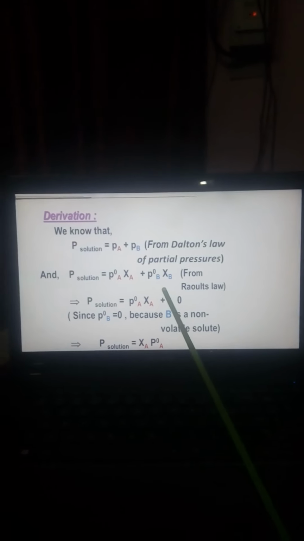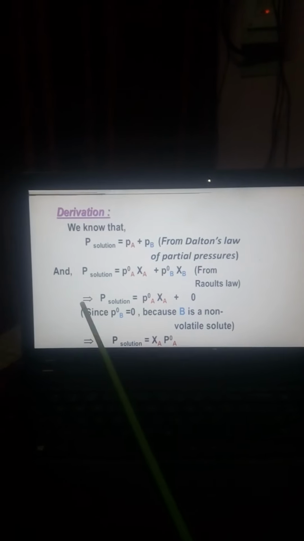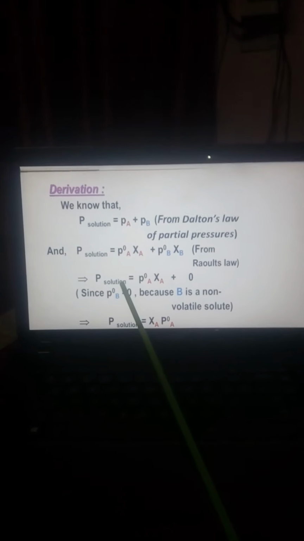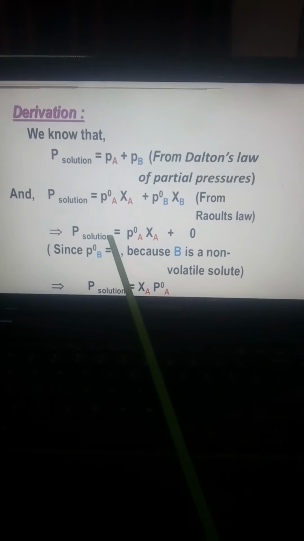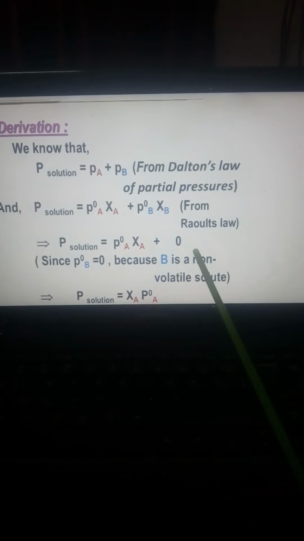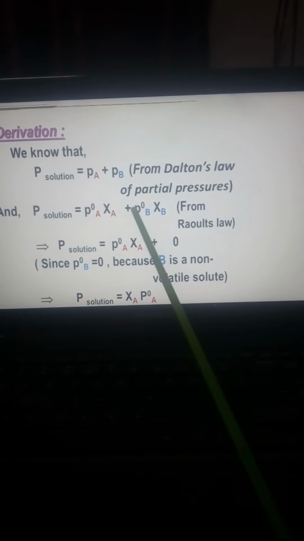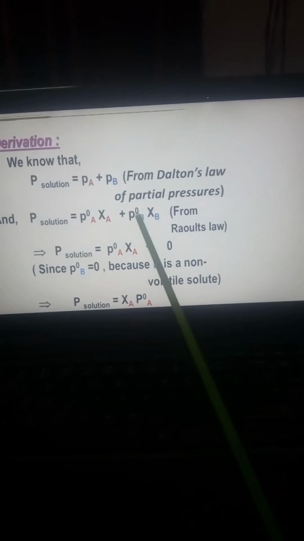Similarly, PB equals PB naught XB, from Raoult's law. Therefore the pressure of the solution will be equal to PA naught XA plus 0. Why is it 0? Because we are considering a non-volatile solute. Since it is a non-volatile solute, PB naught will be 0.